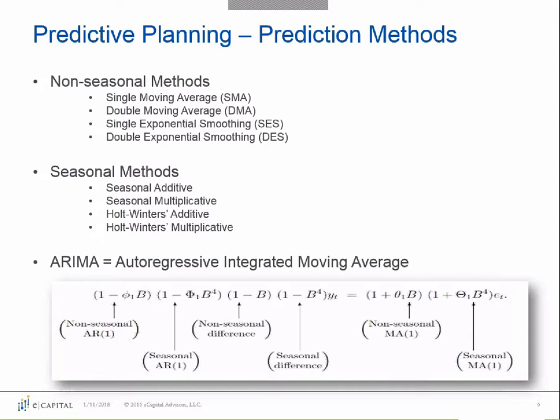So for your seasonal methods, just to look at one of these, the Holt-Winters multiplicative calculates exponentially smoothed values for level, trend, and seasonal adjustments to the forecast. So this is going to be best for data with a trend and with seasonality that increases over time. Again, just another method for projections. The ARIMA is an autoregressive integrated moving average model.